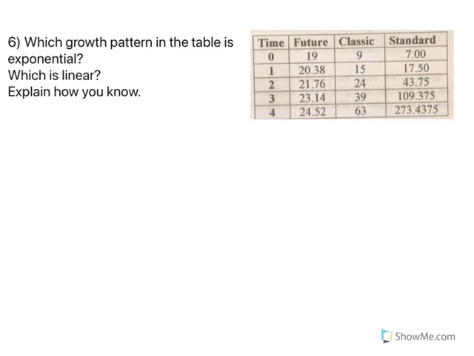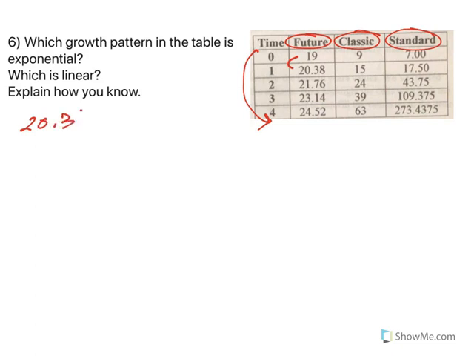All right, let's do one more. Which growth pattern in the table is exponential? Which is linear? And how do we know? So we have time that goes from 0 to 4, and we're looking at future, classic, and standard. I always check for linear first. What is the common difference between 19 and 20.38?